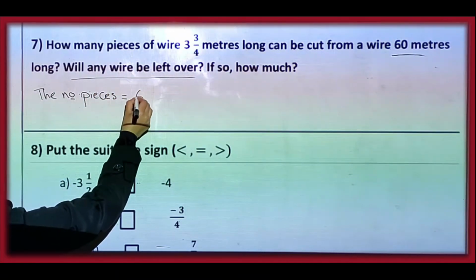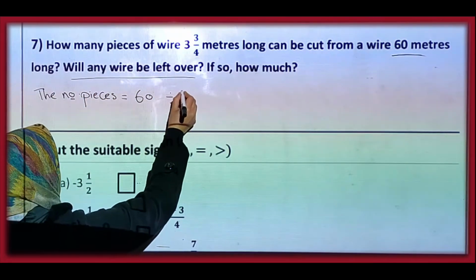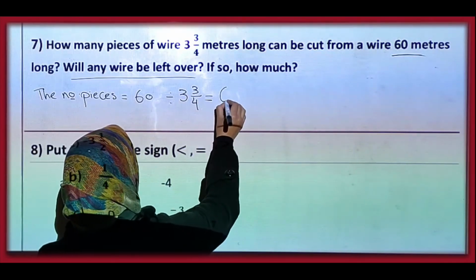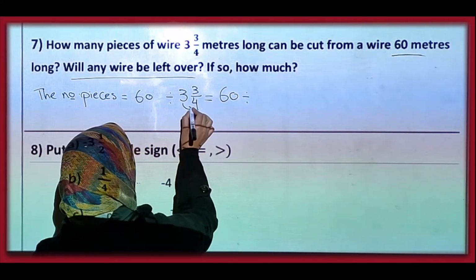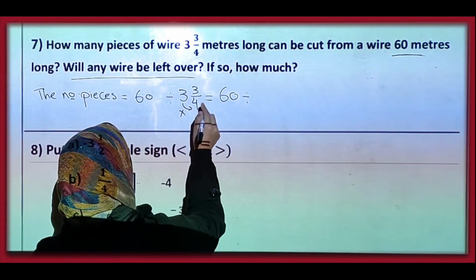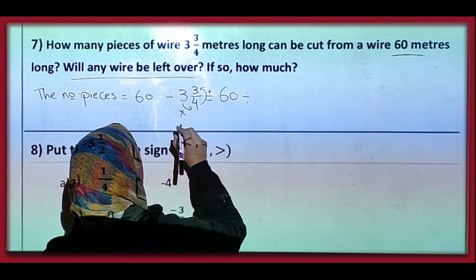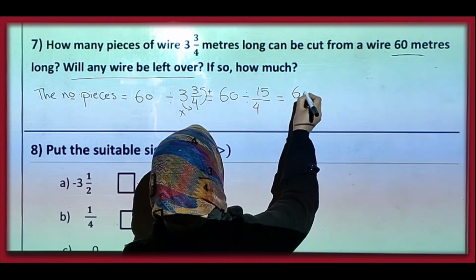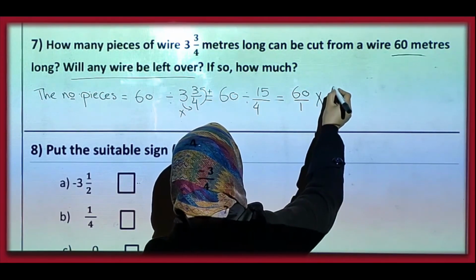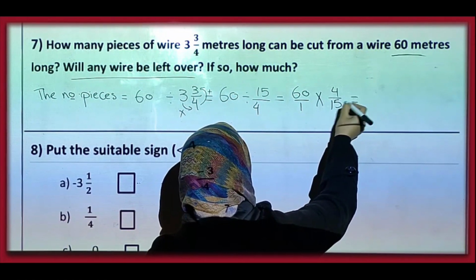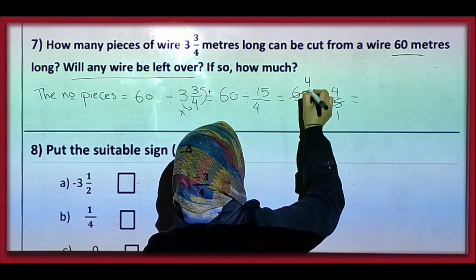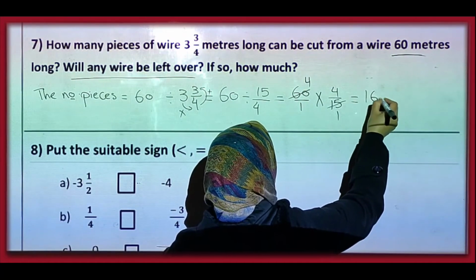We have 60 meters divided by 3 and 3/4 equal 60 divided, converted, 3 multiply 4, 12, 12 plus 3 equal 15 over 4, equal 60 divided by 1 multiply 4 over 15. By simplifying, 60 divided by 15 equal 4, 4 by 4 equal 16 pieces.